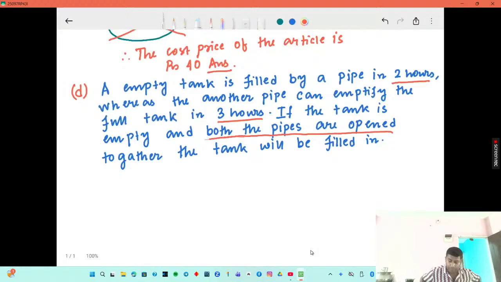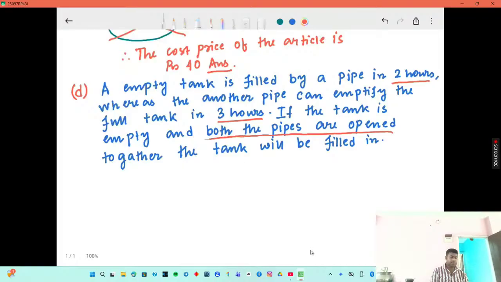So, in this type of question, what we have to see first is the time. The time taken by the pipe to fill an empty tank should always be lower than that of the other pipe which can empty the full tank. Why?